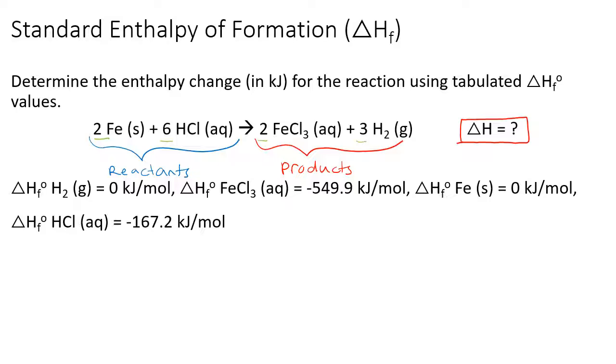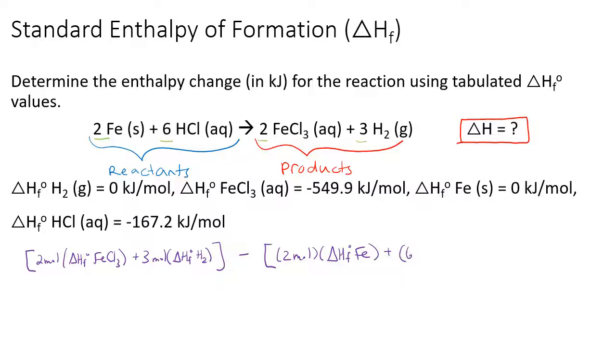So that means we're going to have 2 moles times the heat of formation for aqueous FeCl3 plus 3 moles times the heat of formation for gaseous H2, the sum of the products, minus the sum of the reactants, so 2 moles times the heat of formation for solid iron plus 6 moles times the heat of formation for aqueous HCl.